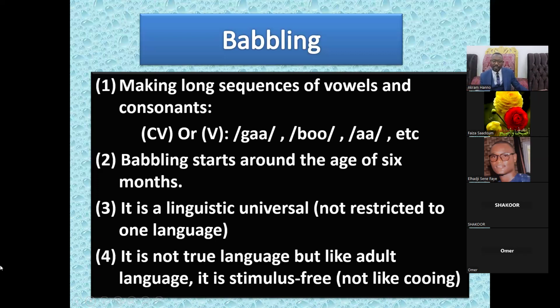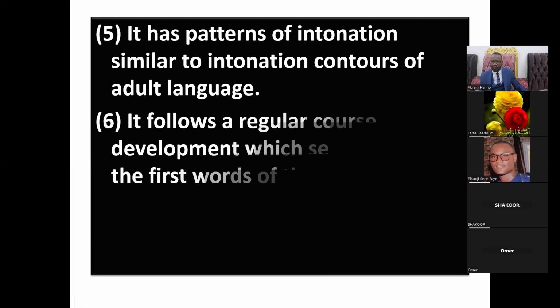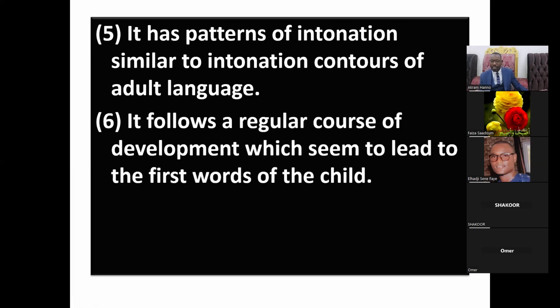It is not true that the child speaks a language like an adult. It has patterns of intonation similar to the intonation contours of other languages. It follows a regular course of development, which is seen to lead to the first words of the child.